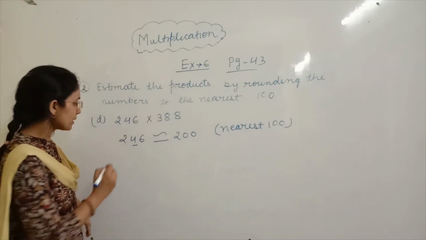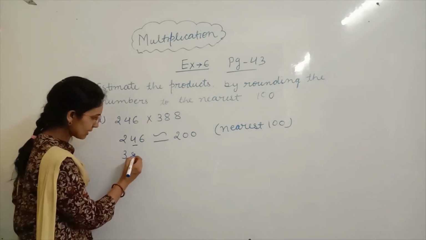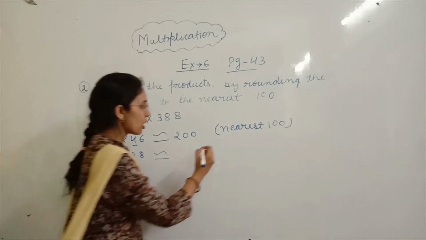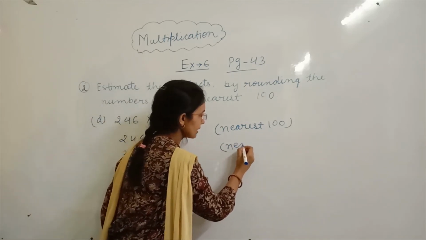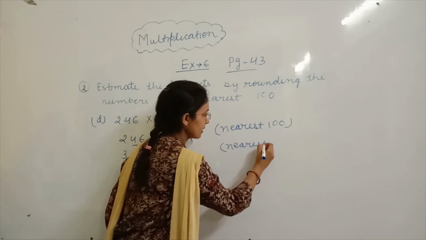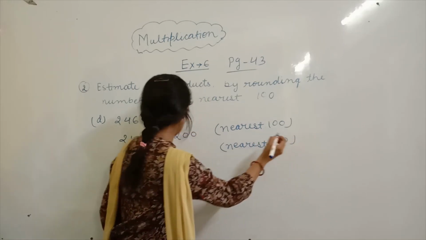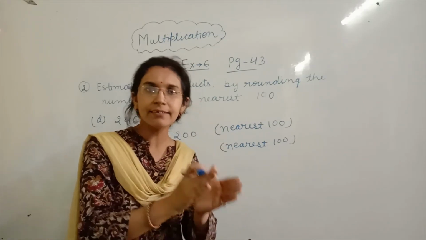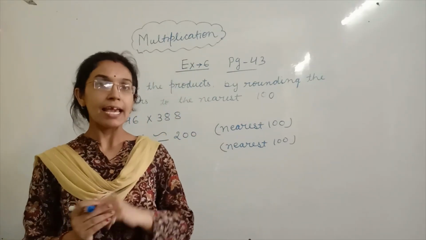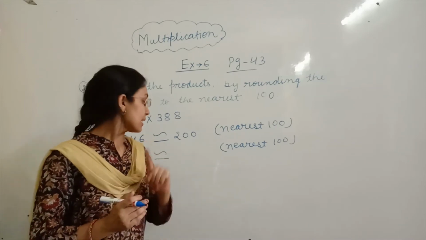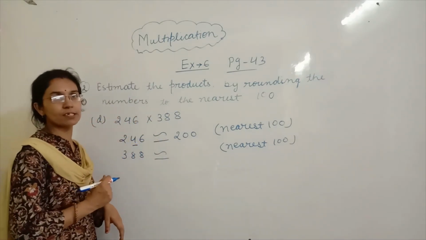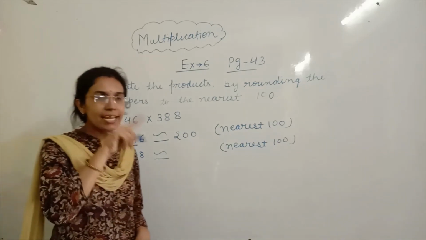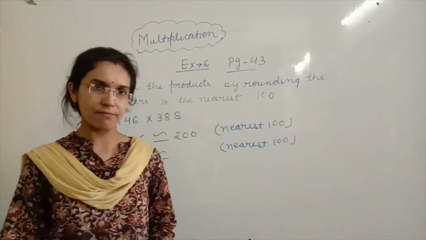We have one more number. I will explain again. Suppose 388 is there, and we have to round it to the nearest 100. 388 lies between 300 and 400. Here also we see what is the tens place of this number. Tens place of this number is 8. 8 is greater than 5.